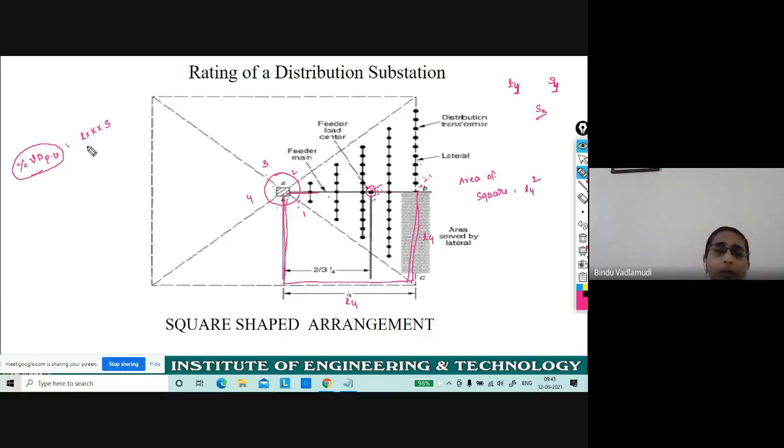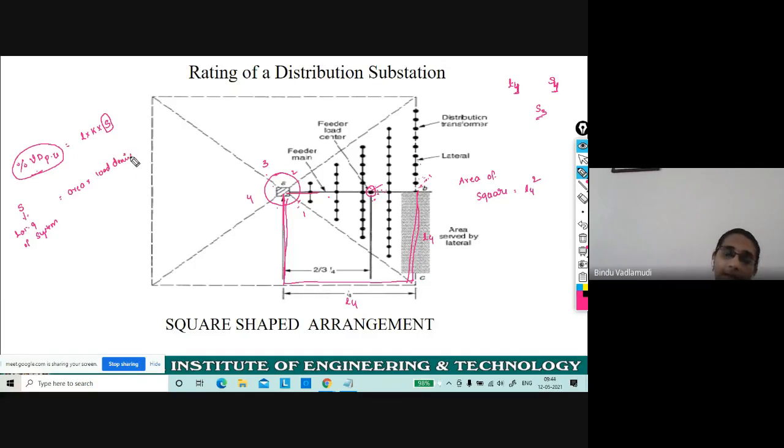So the per unit voltage drop we have derived is L into K into S. What is the expression for S? S is the rating of the system. So can I write this as area into load density?